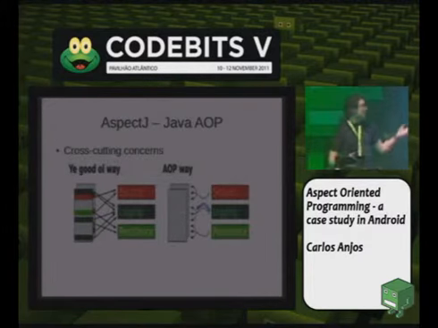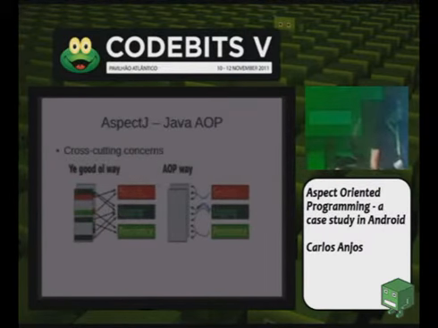So as an example, let's suppose that these are your typical classes, and the gray color is what you really want to do. It's your business code, if you want to call it that. But somehow, in order to support what you want to do, maybe you want a security check, to make sure that the user is logged in, that this cookie is still valid or whatever.